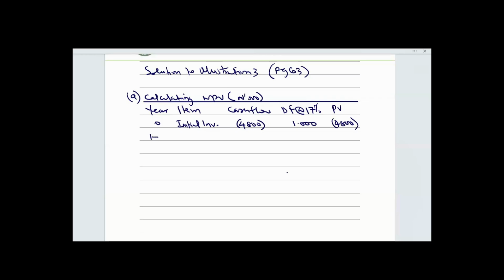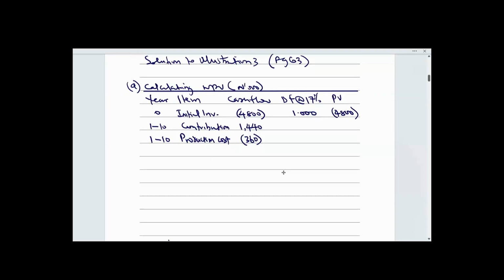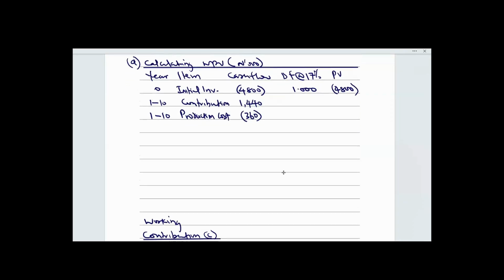Then year 1 to 10, we have annual contribution, which is 1,440,000. Then we also have year 1 to 10 annual production costs, excluding depreciation, which is 360,000.